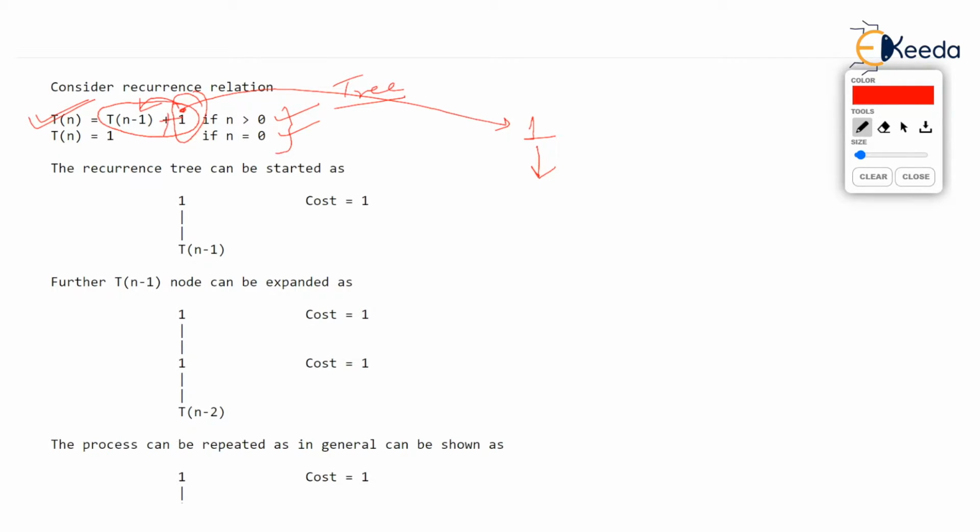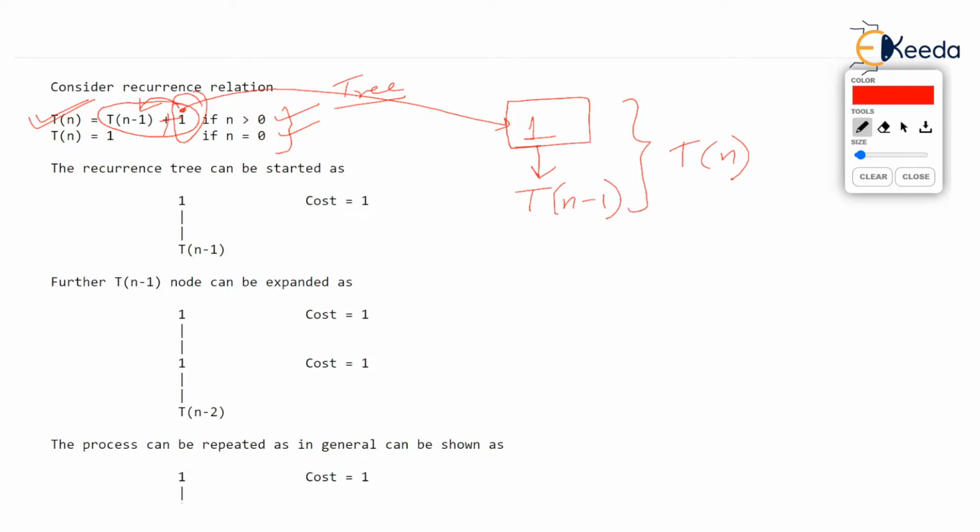So we will say that T(n) entirely comprises two terms, 1 and then T(n-1) added to it. That additive term 1 is represented as the root of the tree, and the root will have only one child.